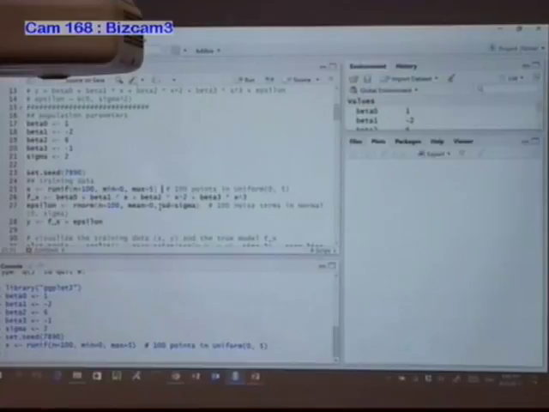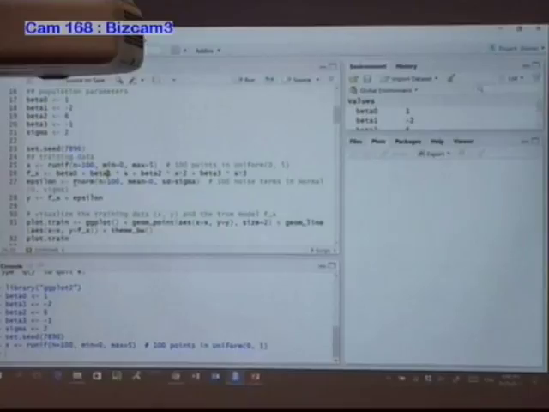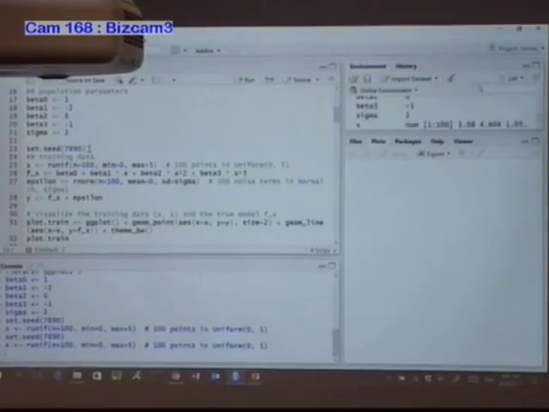I'm simulating 100 data points for x, from 0 to 5. Then fx is the specified structure of the y, with beta 0, beta 1, all these. Then epsilon is the noise. Just like before, we have a 0 mean and some magnitude of variability. Y is fx plus epsilon. That's the standard thing we have gone through.